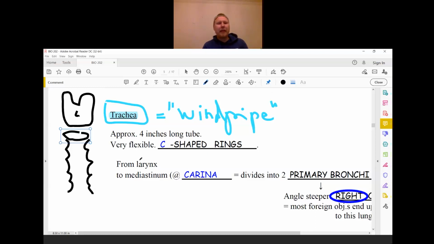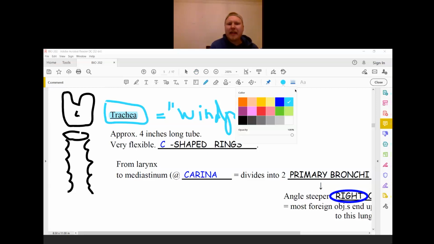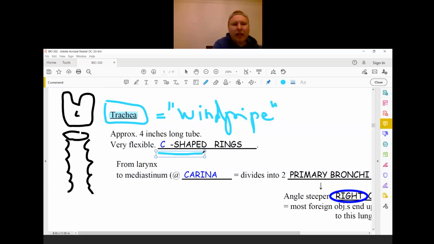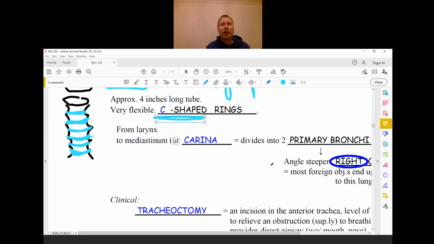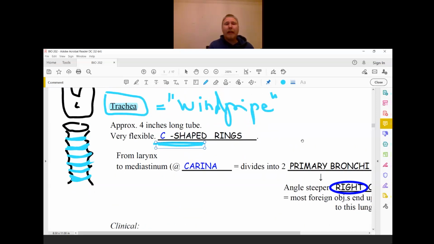And one thing that was very obvious to note here was these C-shaped rings that we have for the entire distance of the trachea. They're C-shaped if you look from the top down, they have an important role, and we'll discuss why they are C-shaped.